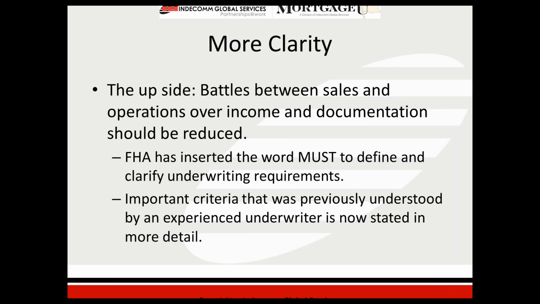Whereas in the past with the 4155 handbooks, they may have used more flexible language. They may have used the word should, and that created a little bit of gray area between sales and operations. So now you'll be finding that you see the word must in a lot of locations with some very specific documentation or income requirements or even the math that's involved. So we'll go through those with you in today's session.